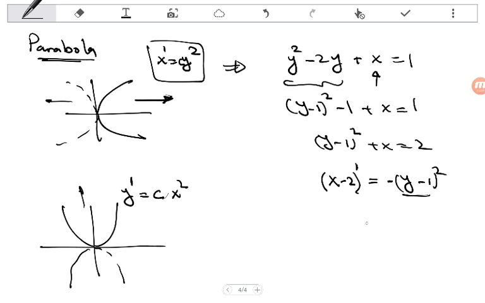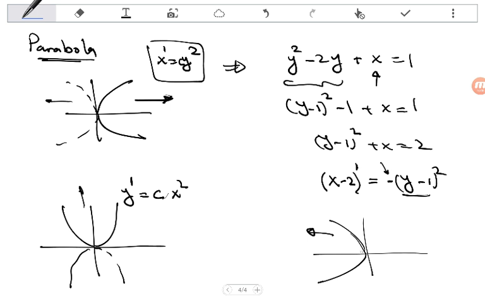First, the x has the first degree, so it is horizontal. And we have here a negative sign, so it is looking in the negative horizontal direction.